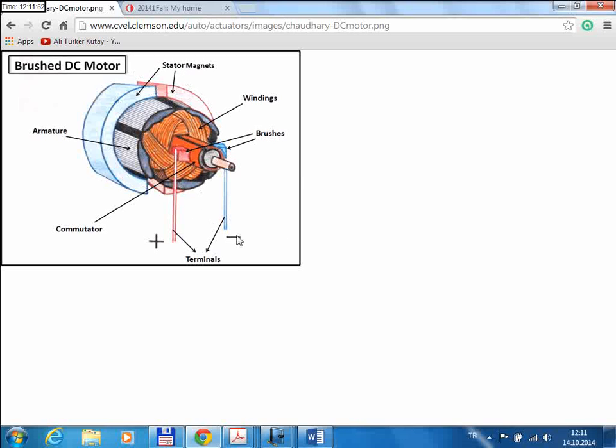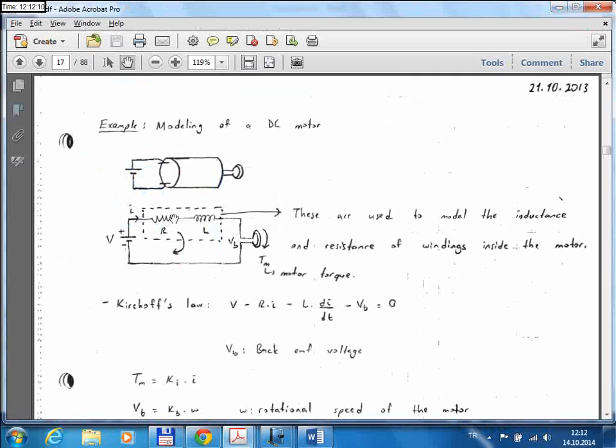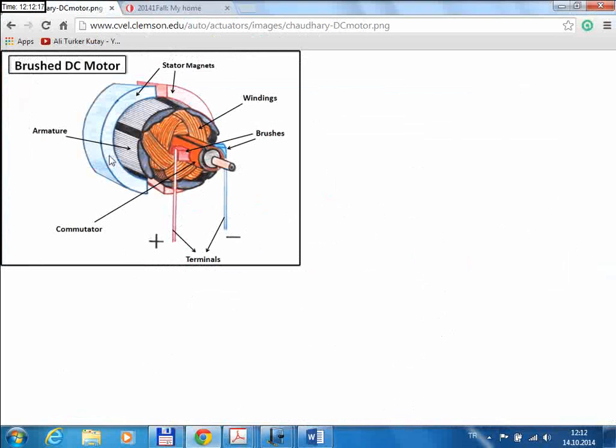So this is the part where we apply voltage, right? You apply voltage and it somehow starts rotating. In reality, we have this long wire wound around these windings. So we model that using a resistor and an inductor. The resistor represents the resistance of all these wires inside, and since they are wound, it acts like an inductor.